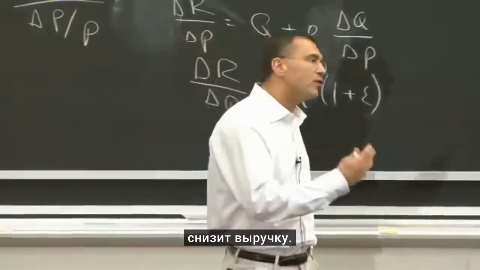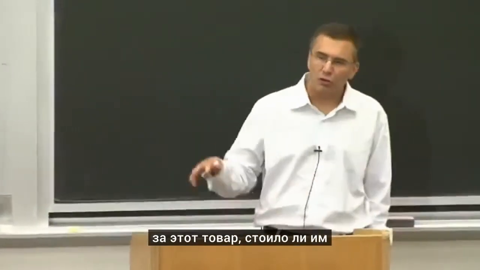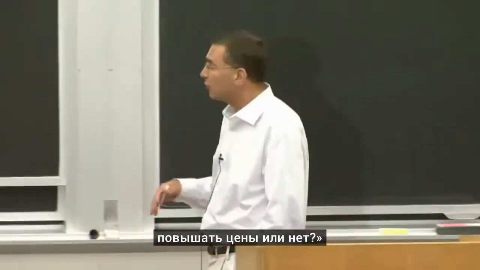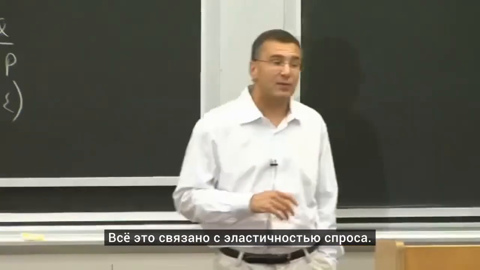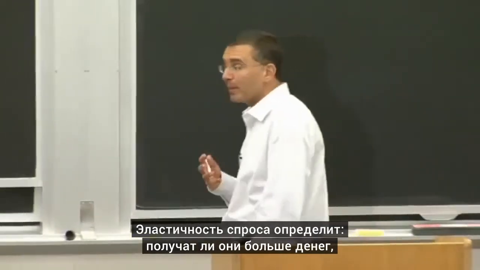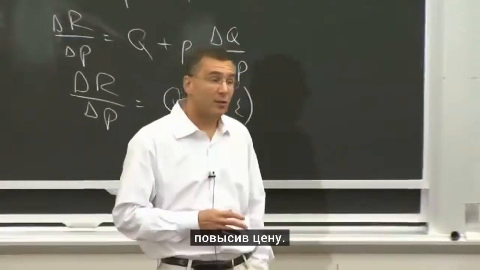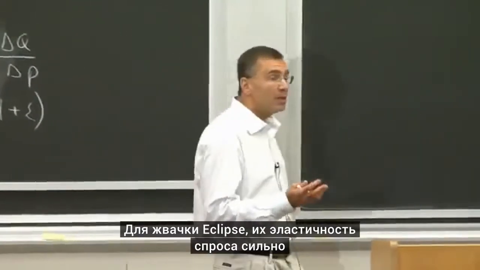Okay? So you're often faced with the issue of, gee, why did they charge this much for this good, or should they raise their price or not? Well, that's all about the elasticity of demand. The elasticity of demand will determine whether they're going to make more money by raising their price or lose money by raising their price. For Eclipse gum, their elasticity of demand is well above -1 in absolute value, so they're going to lose money by raising their price.